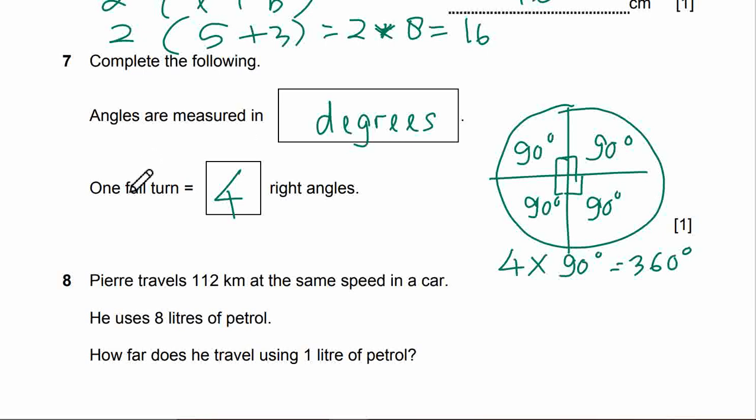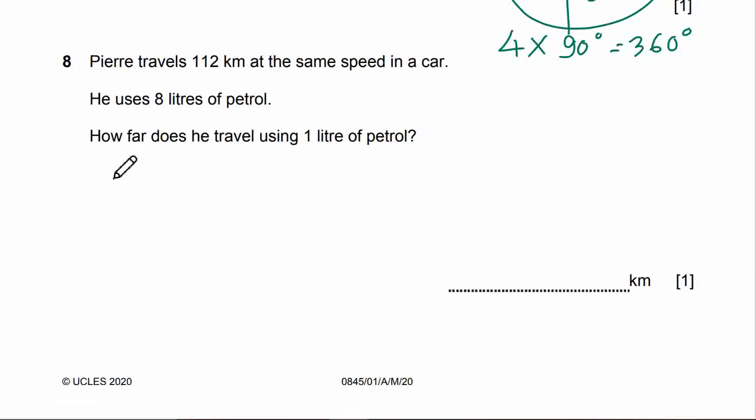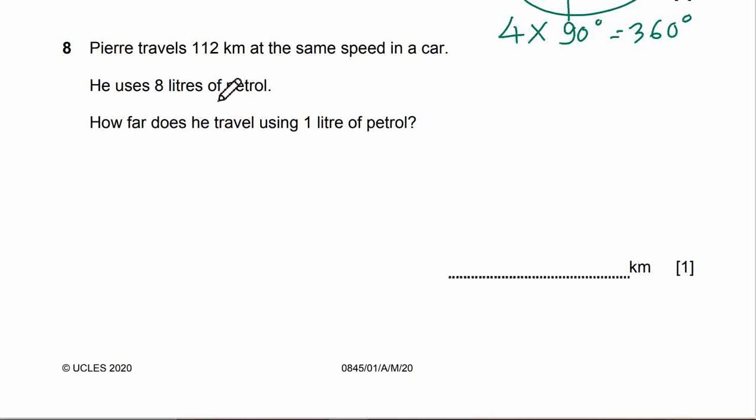So now let's see number 8. Pierre travels 112 kilometers at the same speed in a car. He uses 8 liters of petrol. How far does he travel using 1 liter of petrol? So here we have the conversion. 8 liters is 112 kilometers. Now 1 liter is equal to how many? So this is 8 units equals 112.